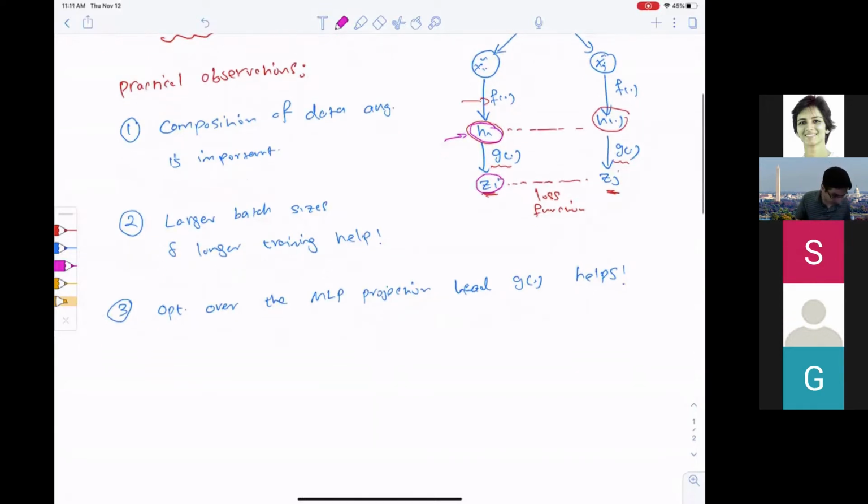So one justification, so it is not very clear what are the theoretical justification for adding a nonlinear projection head and getting rid of it in the inference time.